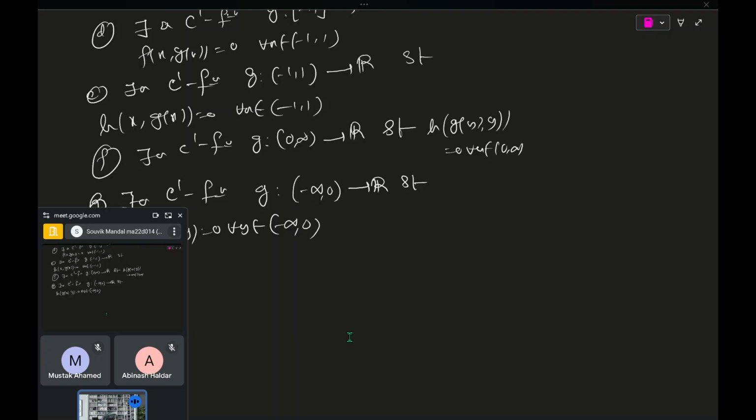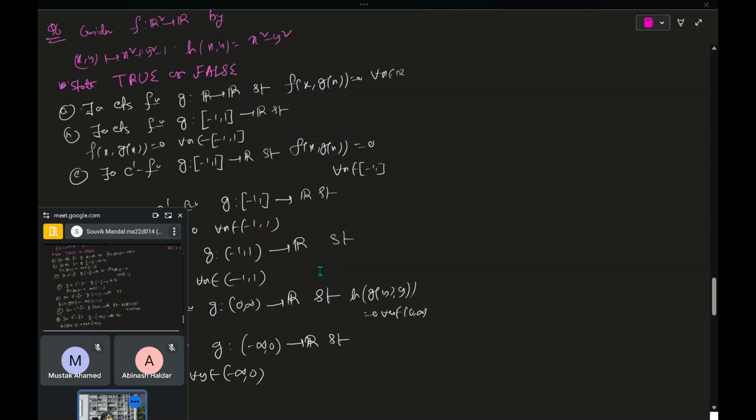So basically there are 6 options in total, and out of those we need to understand which one is true and which is not. Okay, so let's look into it one by one.